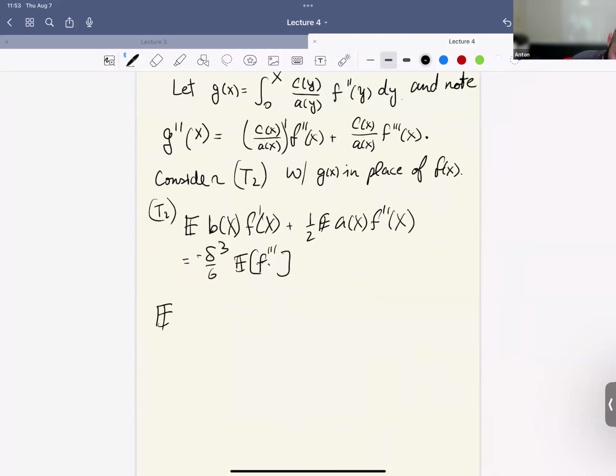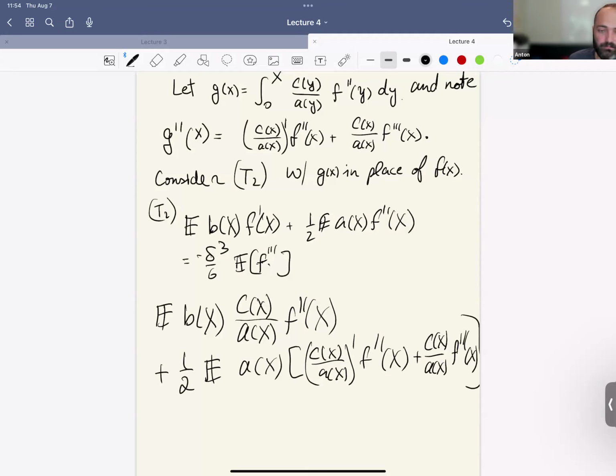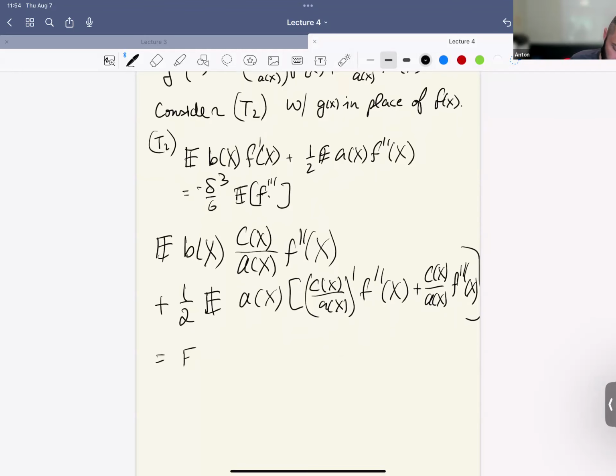I get expected value b of x, c of x over a of x, f double prime of x, plus 1/2 expected value a of x, c of x over a of x prime f double prime of x, plus c of x over a of x f triple prime of x equals delta cubed error.